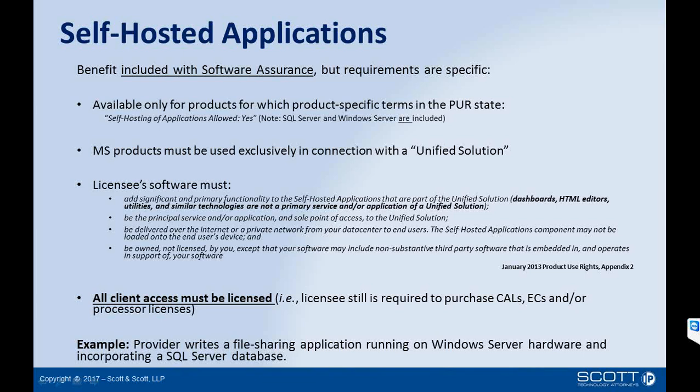But going back to the Ediscovery scenario, if you're licensing Relativity on your Ediscovery platform, for example, that customer B that I mentioned, it would not be owned by the licensee, and therefore it would run afoul of the requirements of a unified solution, and therefore would not be eligible for the self-hosted benefit.